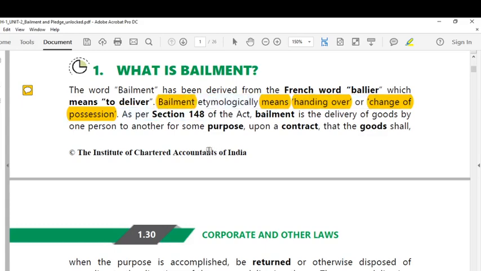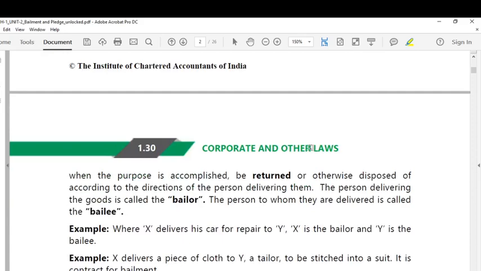And as per Section 148 of the Act, bailment is a delivery of goods by one person to another for some purpose or upon a contract that the goods shall, when the purpose is accomplished, be returned or otherwise disposed of according to the directions of the person delivering them.